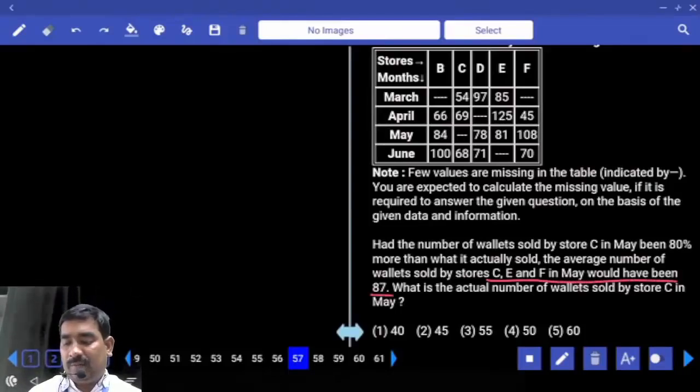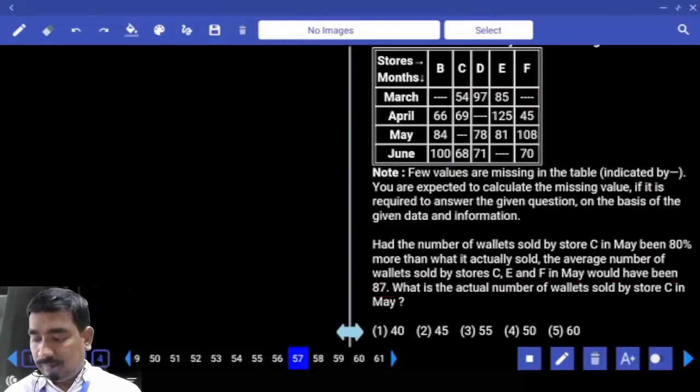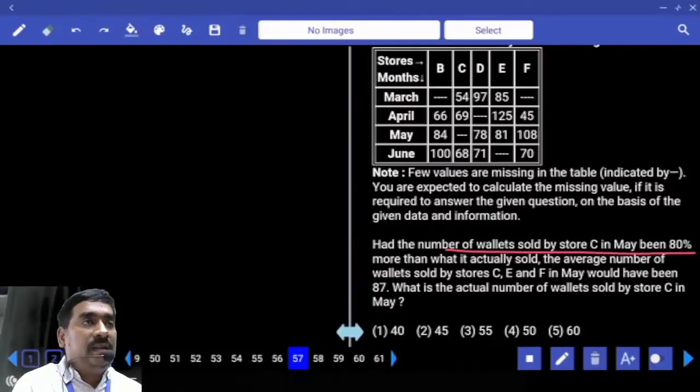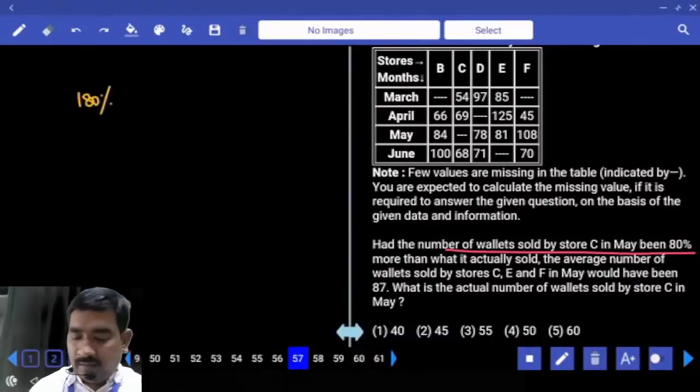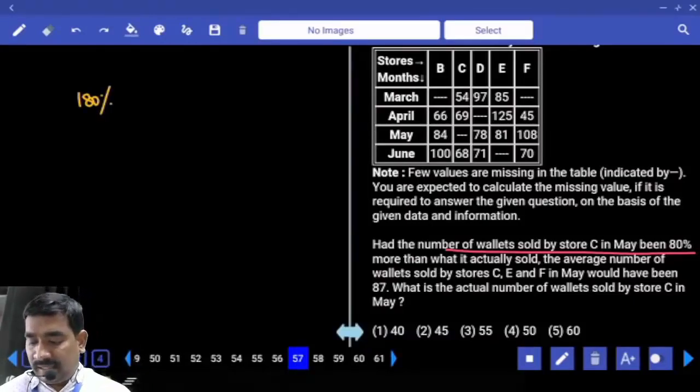What is the actual number of wallets sold by store C in May? Had the number of wallets sold by store C in May been 80% more, assuming actual is 100%, 80% more means 180%.